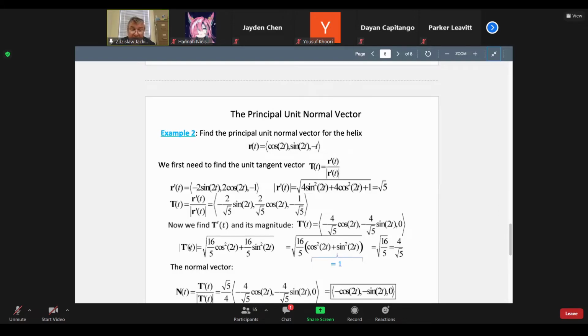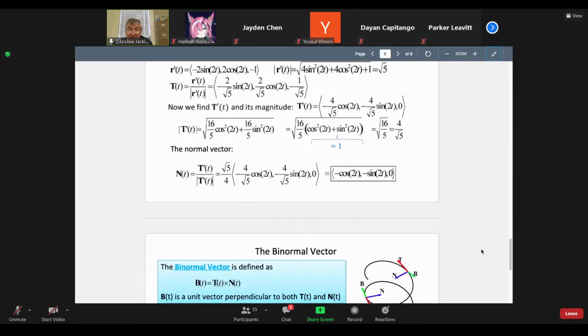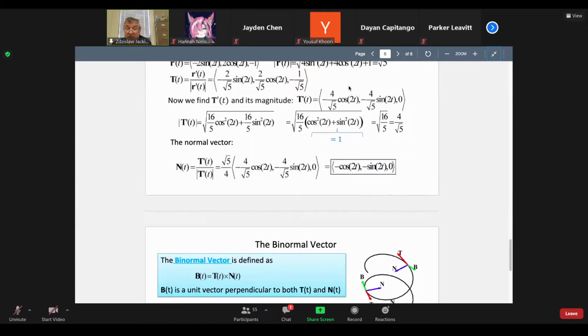So of course, the normal vector, by definition, you remember, is just T prime divided by the magnitude of T prime. T prime is here, and here.